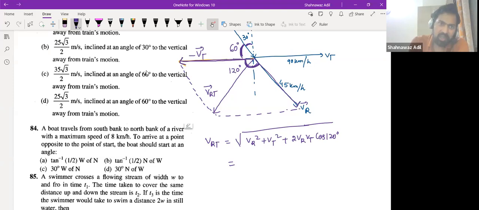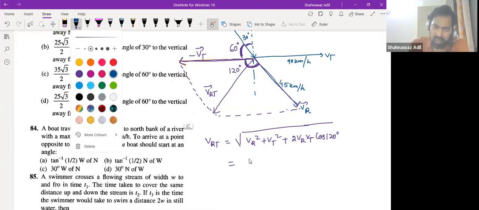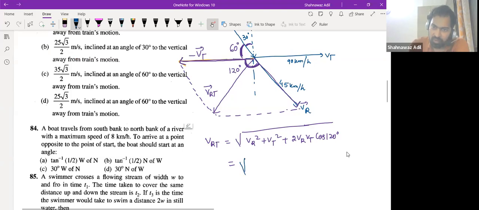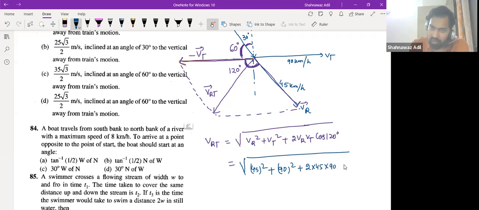So VR is how much? VR is 45. So 45 square and then 90 square, plus 2 into 45 into 90, and cos 120 is cos of 90 plus 30, right? So how much is cos of 90 plus 30?